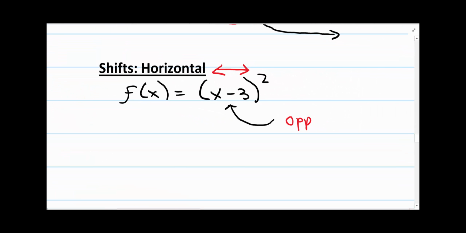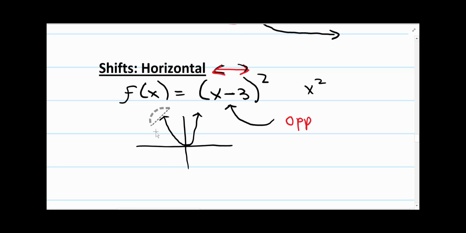Horizontal shifts, meaning they move left to right, that is when you'll notice there's something inside the parentheses with the x, but you always do the opposite. So again, if this would have been x squared, it would look like this, but then with this shift right here, the opposite of -3 is +3.